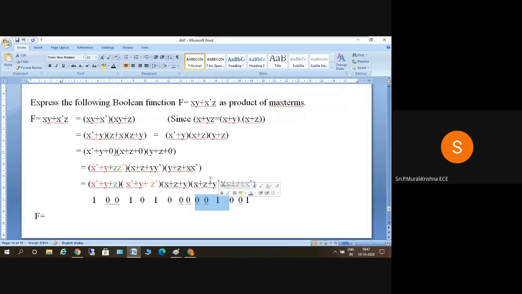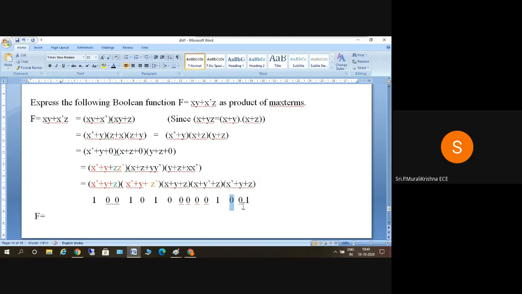Sorry, so we have to rearrange them. So x, y, z should be rearranged. For this it is 0. So rearrange them. This is x, y bar, z, and this is x bar, y, z. So rearrange them so that you can understand what the max term is here.